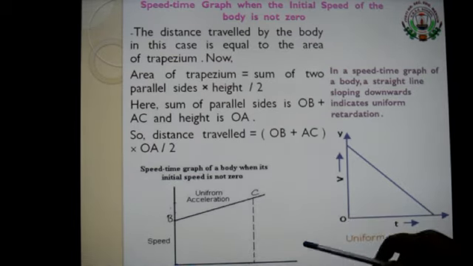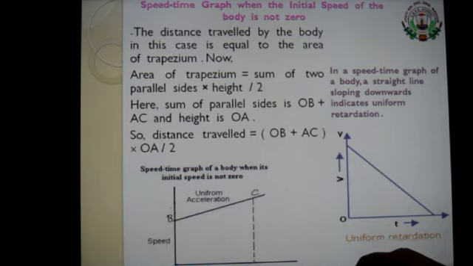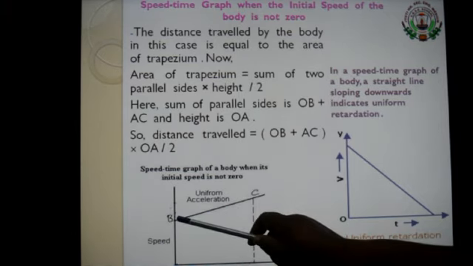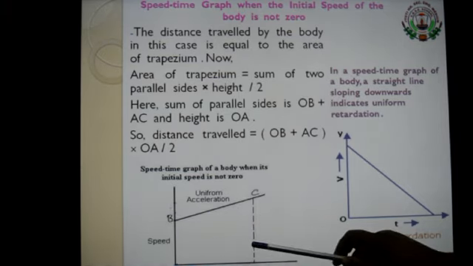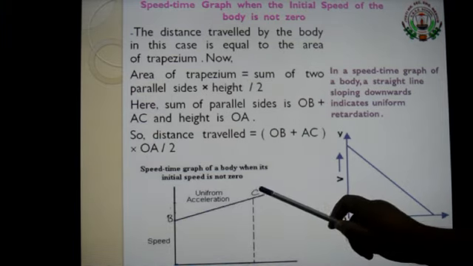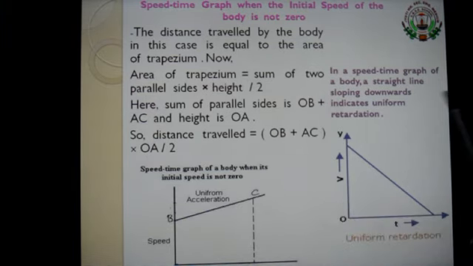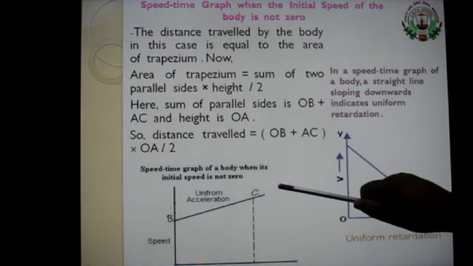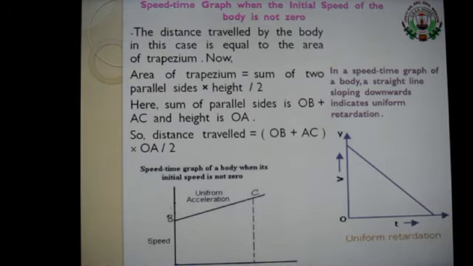This figure shows the speed time graph of a body having an initial speed equal to OB and then accelerating from B to C. In order to calculate the value of acceleration from such a graph, we will have to subtract the initial speed OB from the final speed AC and then divide it by the time OA.